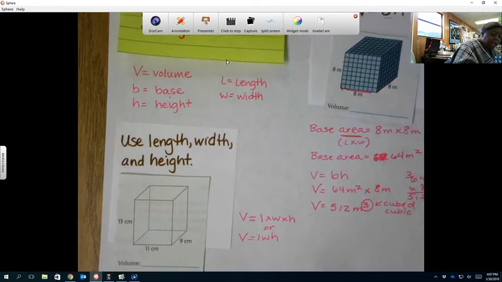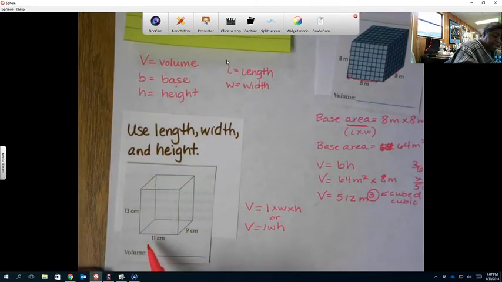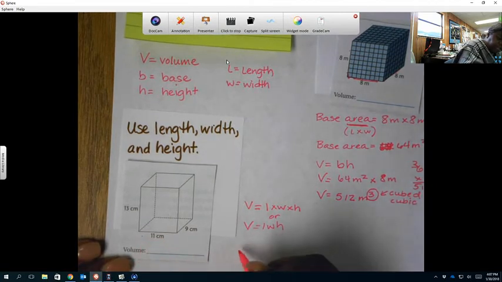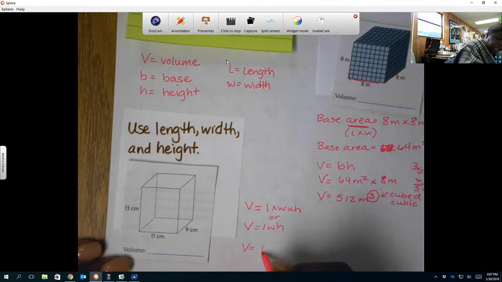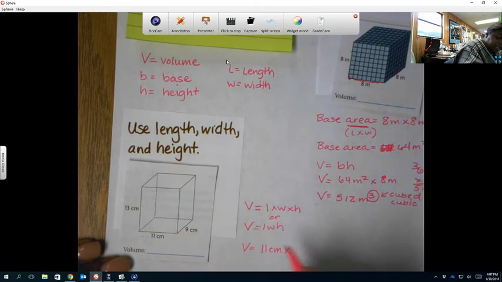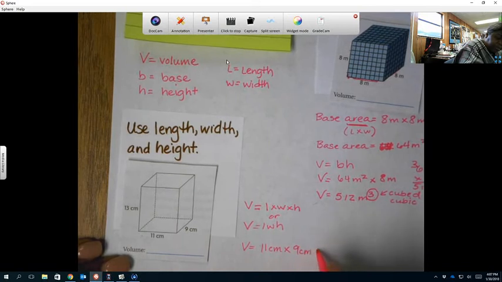So let's go ahead and take a look at our dimensions here. Our length is 11 centimeters, so V equals 11 centimeters times our width, which is 9 centimeters, times our height, which is 13 centimeters.